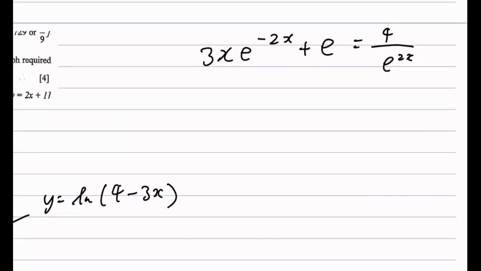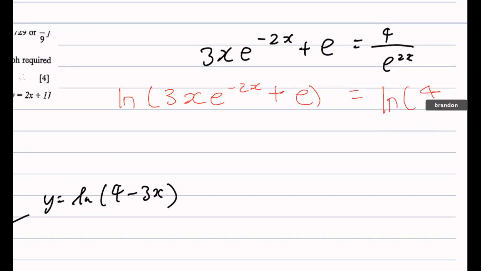Same procedure. Ln would be a good choice because there's a power e here, like e power something. So ln, what do you get? Oh no, that's a plus. Then how? Can we split up a sum inside the logarithm? No. Cannot. Then how?